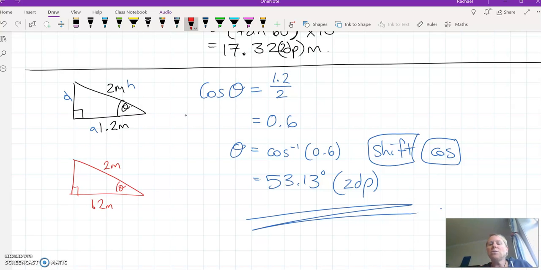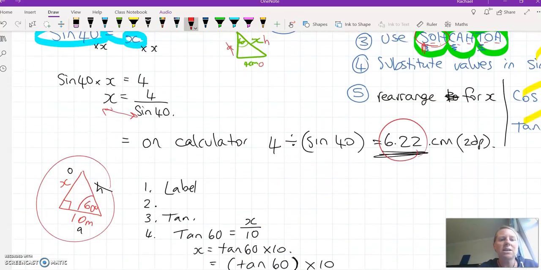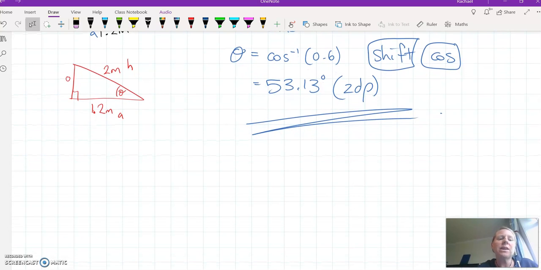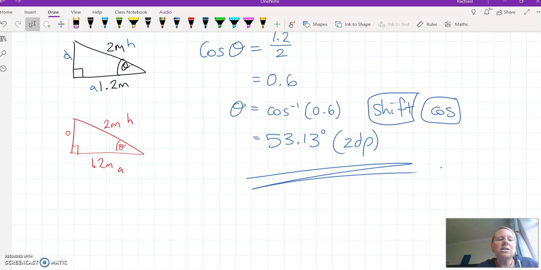So first step, label them. Same as before, we've got a hypotenuse going on. We've got this side adjacent to the angle, and opposite. Cool. All right, so you've labelled them. Cross off the one you don't care about. Don't care about the O in this case.